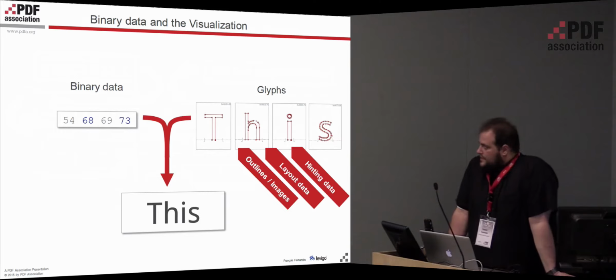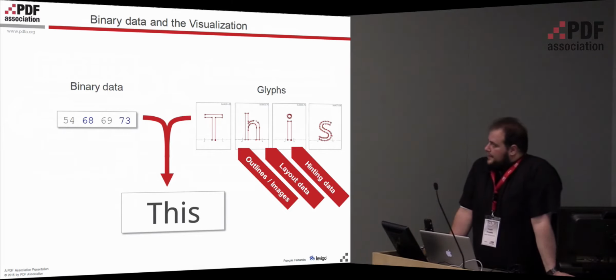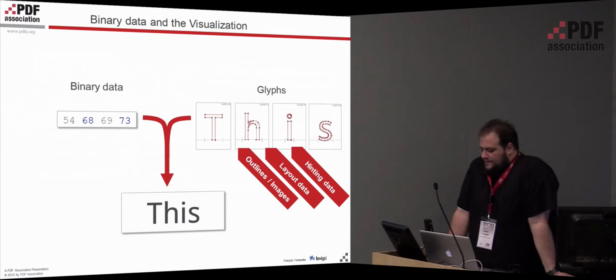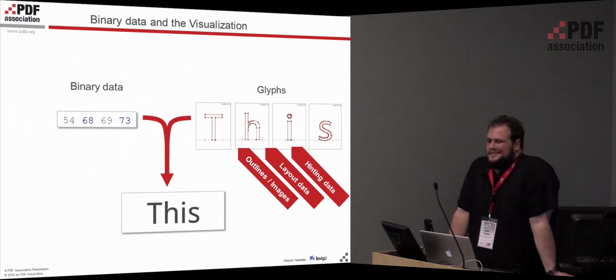There are bitmap fonts out there which are not that well scalable, but there are valid use cases for such things. But anyway, the glyph is the visual representation of some kind of letter that we would like to see. And applied to them, we have the outlines, we have the layout data, and the so-called hinting data.